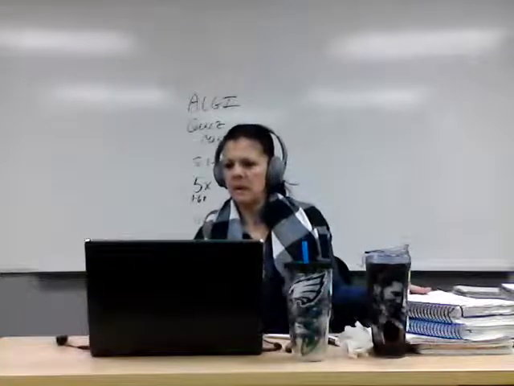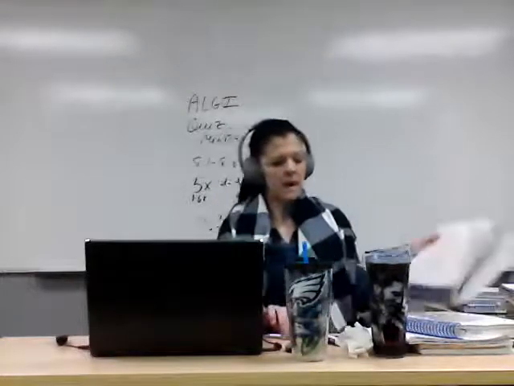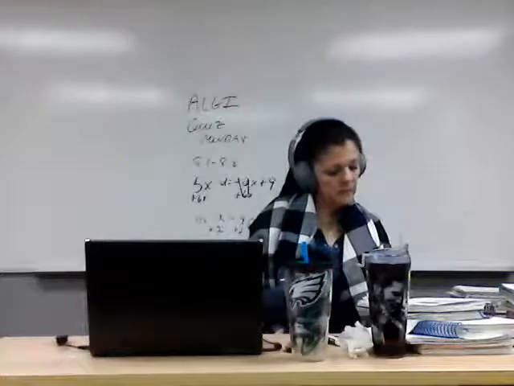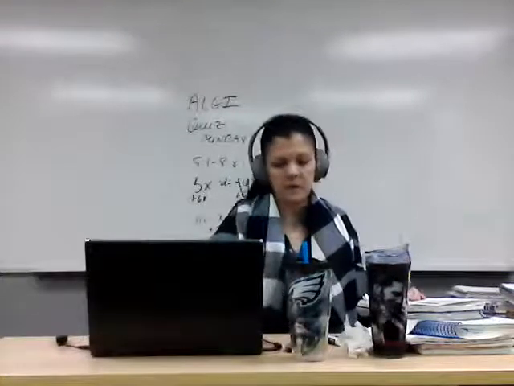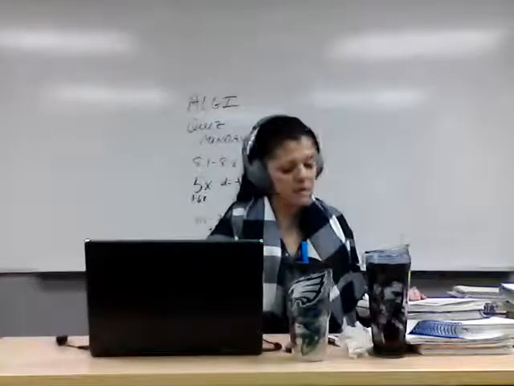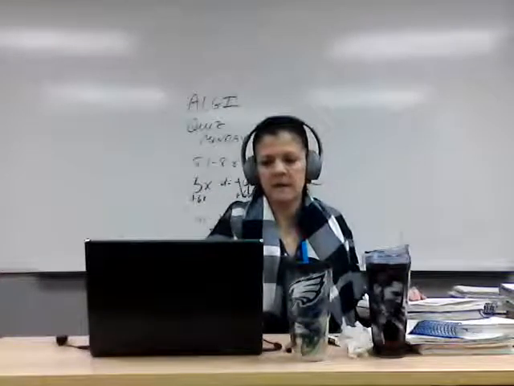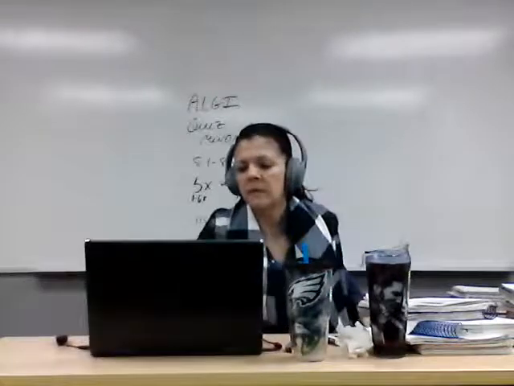Oh, wait, 2 minutes. All right, we can do one more. Okay. All right, so now we have the square root of 2x plus 5 equals the square root of 4x minus 3. I'm sorry, that's a 3.